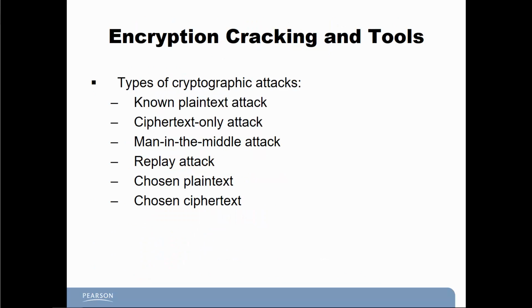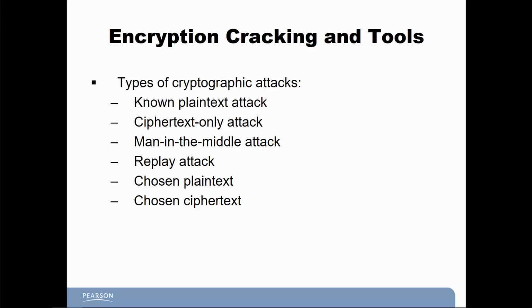So one of the last things we have to talk about is encryption cracking. There are several types of cryptographic attacks. There's known plaintext attacks, ciphertext attacks, man-in-the-middle attacks, replay. You can go through the rest of them. The big thing here is understanding that encryption is not 100%.